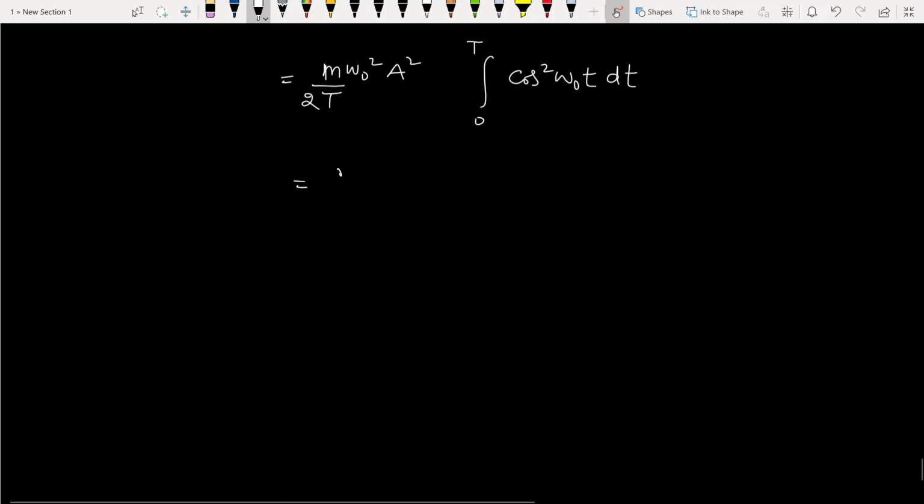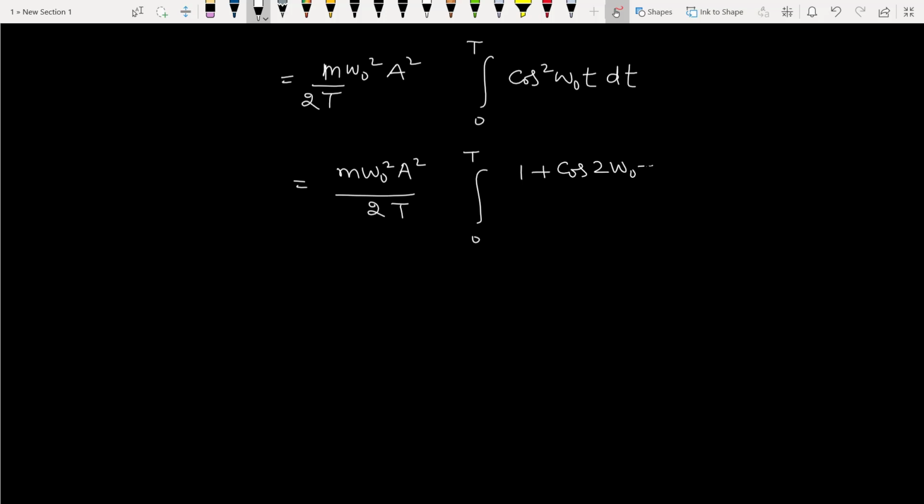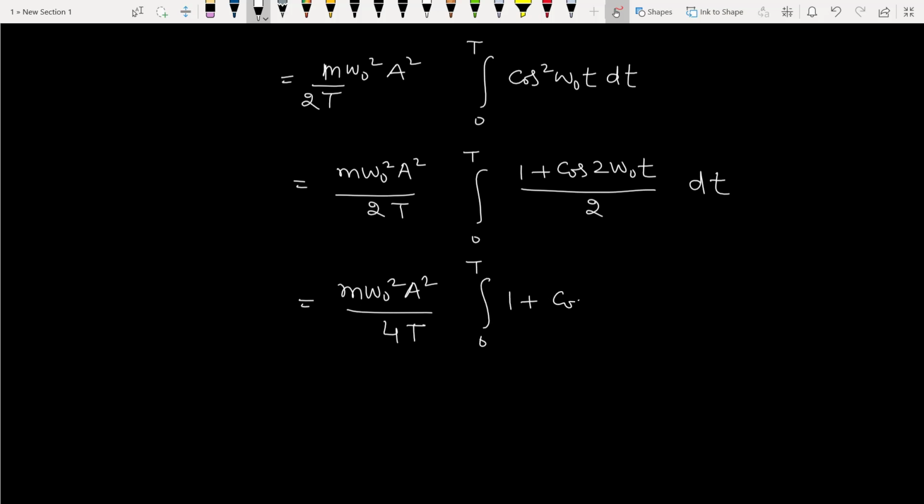So it is m omega naught square a square upon 2T, 0 to T, 1 plus cos 2 omega naught t divided by 2 dt, that is m omega naught square a square divided by 4T, 0 to T, 1 plus cos 2 omega naught t dt.